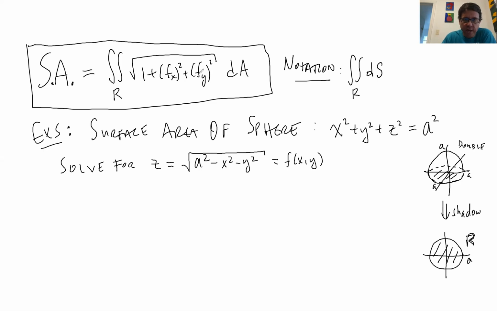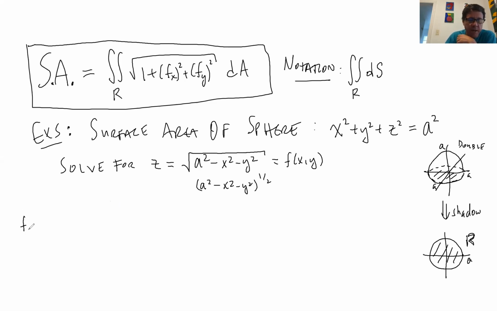So let's get the setup first by finding the partial derivatives here. So f sub x, I might want to rewrite this as a squared minus x squared minus y squared to the half. Might be easier.